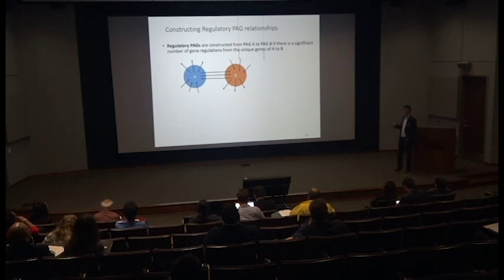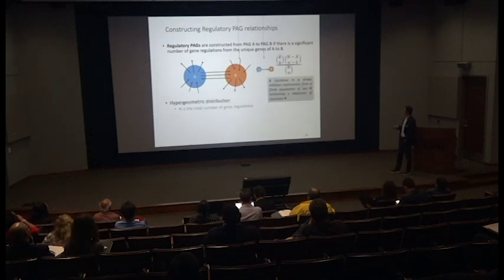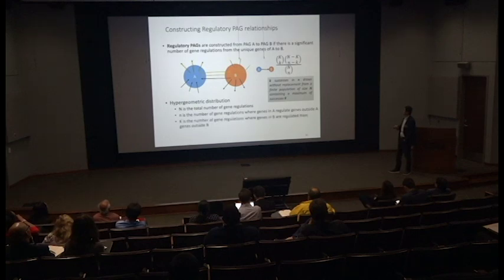But I think in the context of PAGs, it's also important to ask those questions. So again, we come up with simple statistical tests to look for enrichment of regulations. It could be transcriptional regulations from the TRANSFAC database, going from A to B.